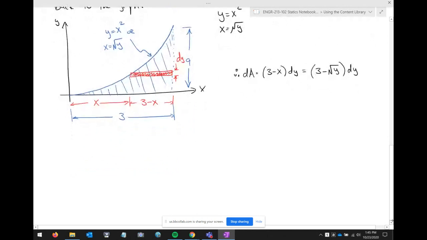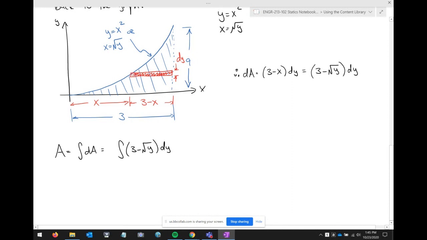So here's how you can check if what you have done is correct. Watch this. I propose if we were to recompute the area, and we don't have to recompute it, but if we integrated dA, I have a new way of doing it. Instead, we could integrate 3 minus the square root of y.